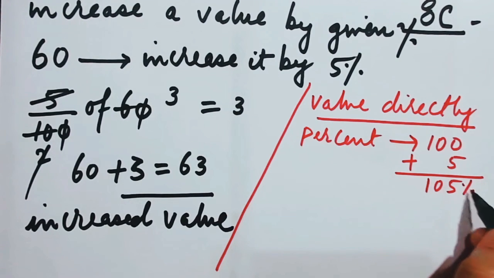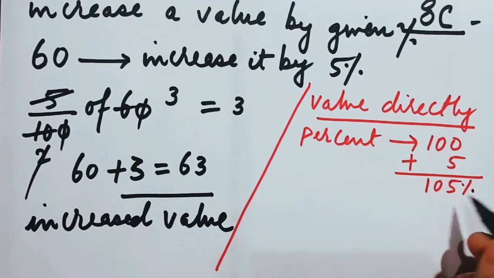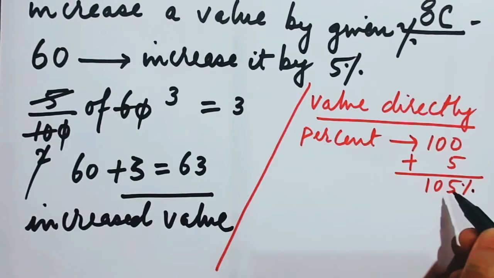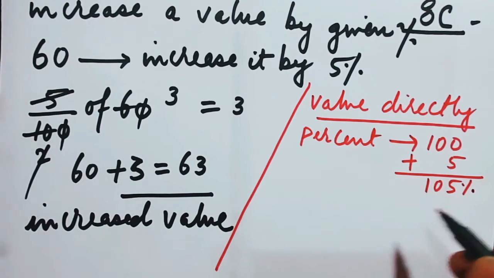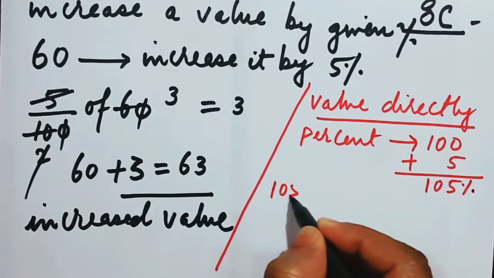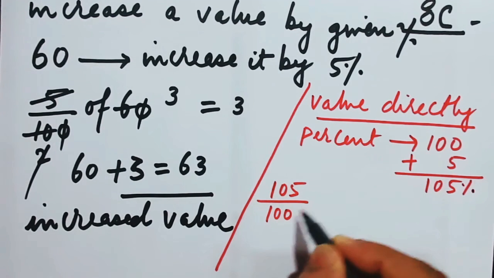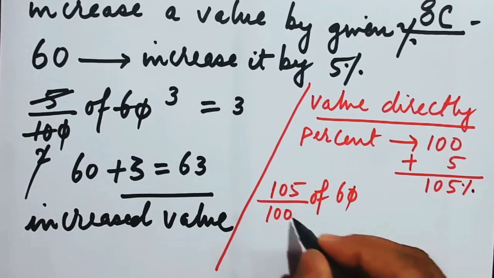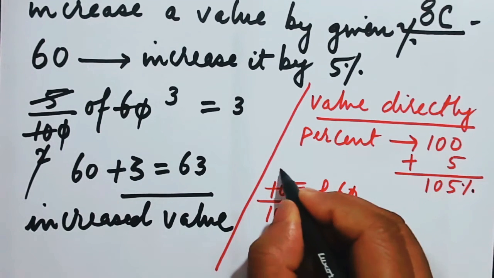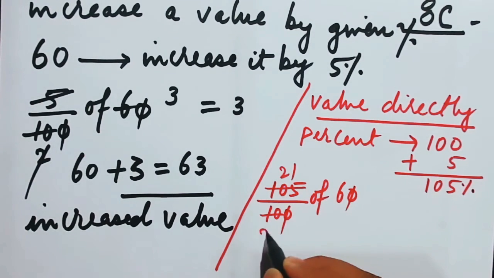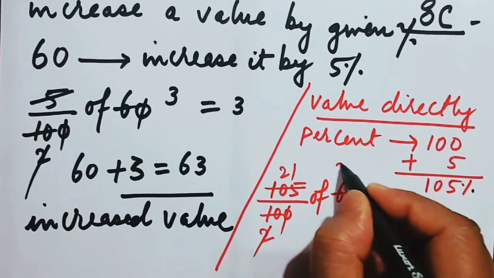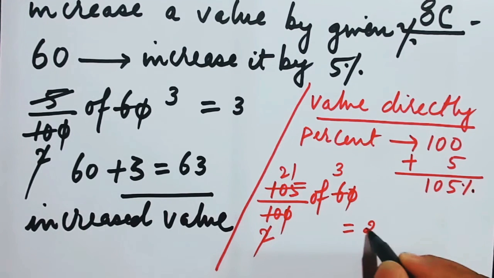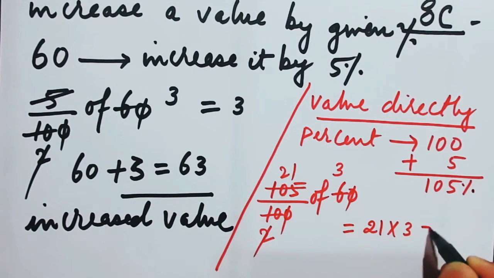This 105% is your final answer if you find it on 60. This means 105% of 60 will give you 5 twos are 10, 5 ones are 5, 21 times 3 is equal to 63.